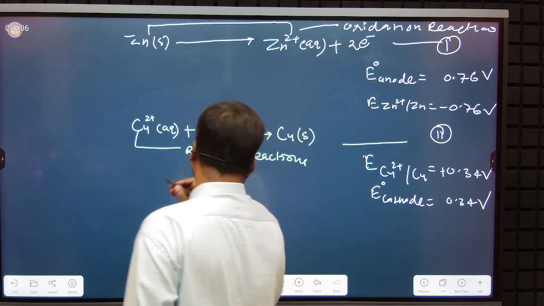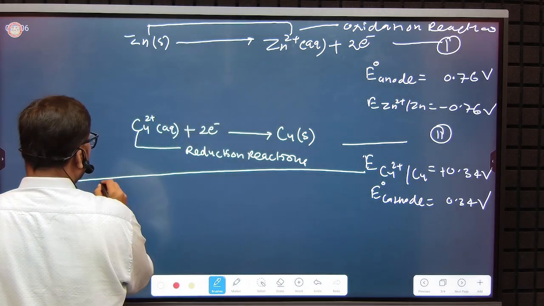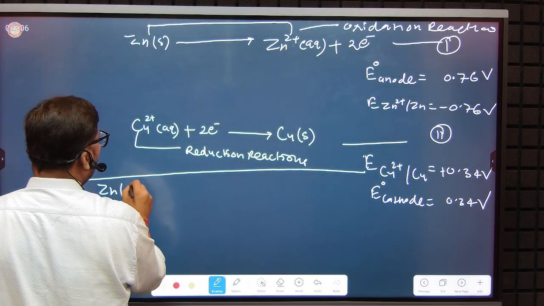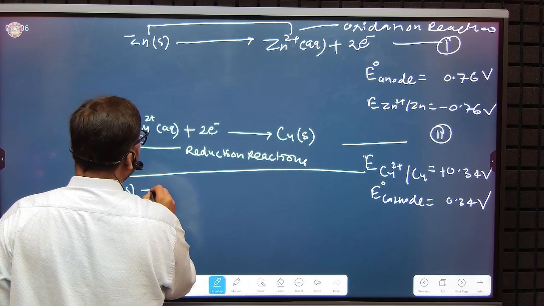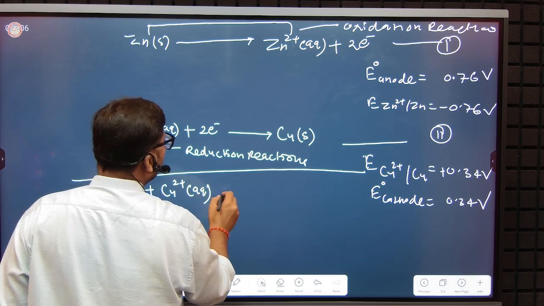Then the overall reaction looks like this: zinc solid plus copper 2+ aqueous, right?